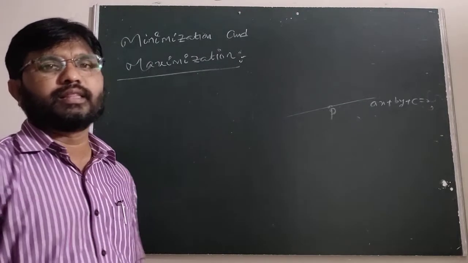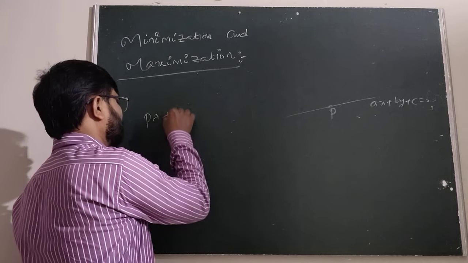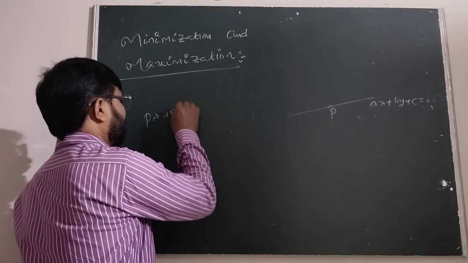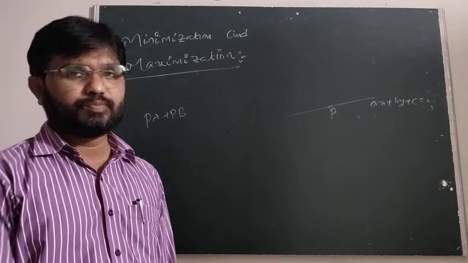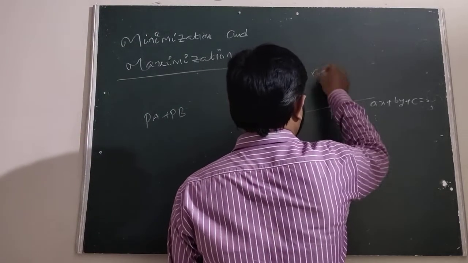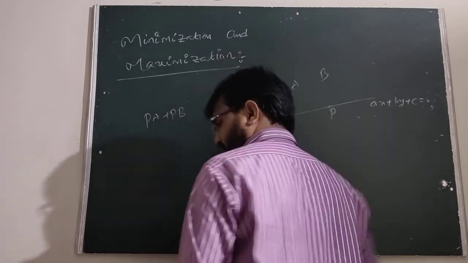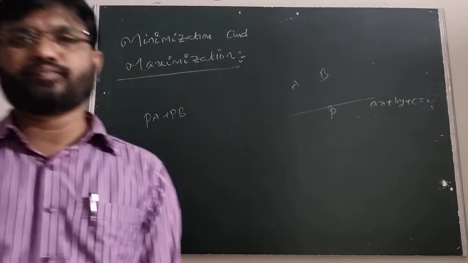Then find the minimum distance of PA plus PB, where the points lie on the same side or either side of the line.